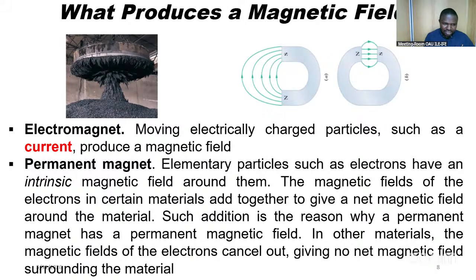That is, moving electric charge particles, such as current, produce a magnetic field in the form of an electromagnet. And the same applies to electrons, which have an intrinsic magnetic field around them and produce a magnetic field as well.